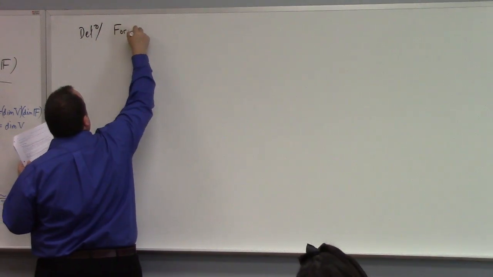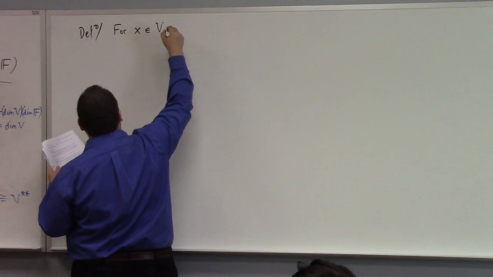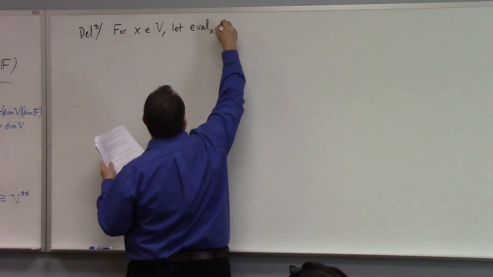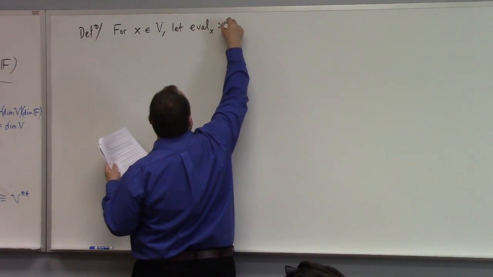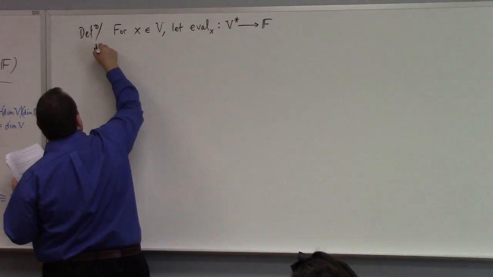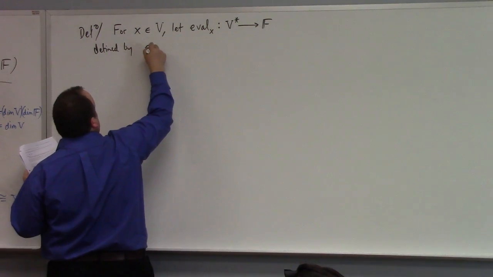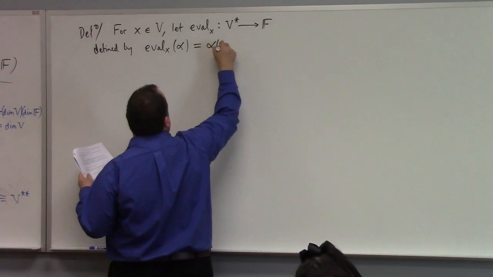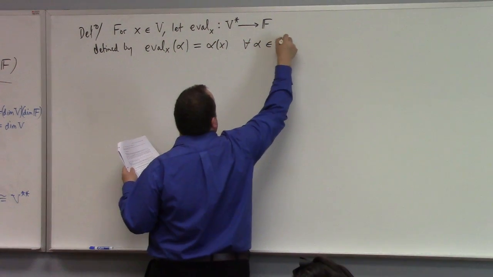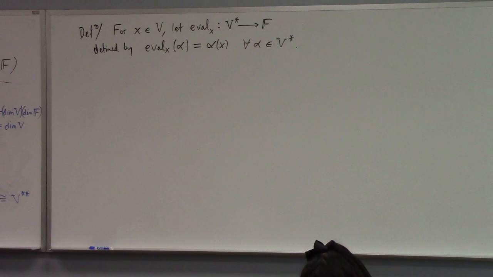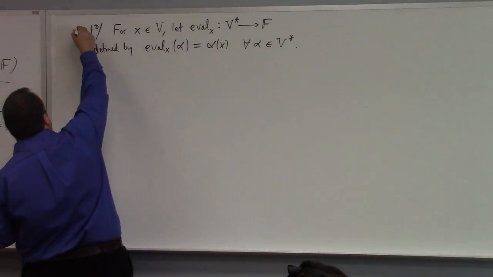For x in a vector space V, let eval x, not evil, but eval x, be a mapping from V dual to the field, defined by eval x on alpha is equal to alpha of x for all alpha in V dual. So it's the evaluation map.